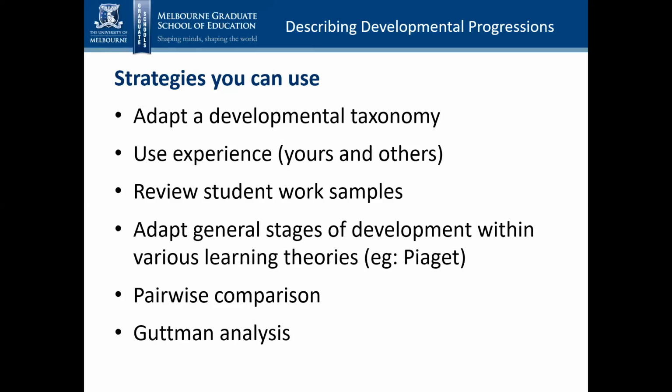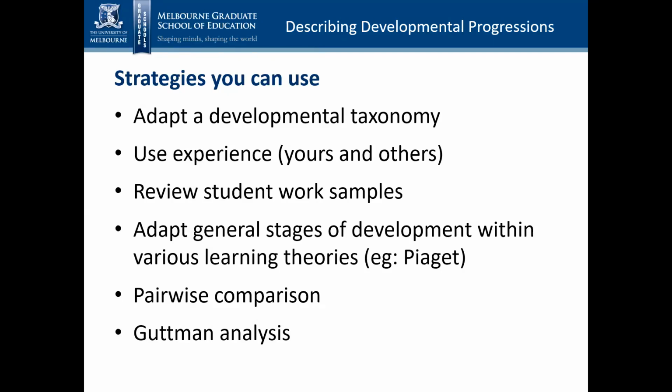The final way that we're going to talk about that you can describe a developmental progression is to use what's known as a Guttman analysis. Part of a Guttman analysis leads to the ordering of skills. These ones are not ordered based on people's opinions, but rather based on student data.